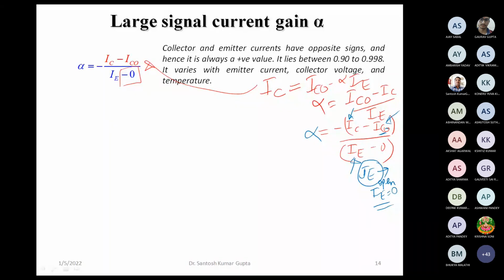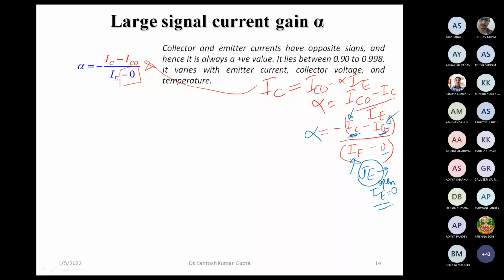So this is the significance of rewriting this equation. It shows that when the emitter is open, that is, current is 0, then there is ICO current, and when we have some emitter current applied, the emitter junction is forward biased, and from that a part of IC is being collected. Here the fact is that one is neglecting this ICO in the meantime, so ICO is being neglected in this analysis.